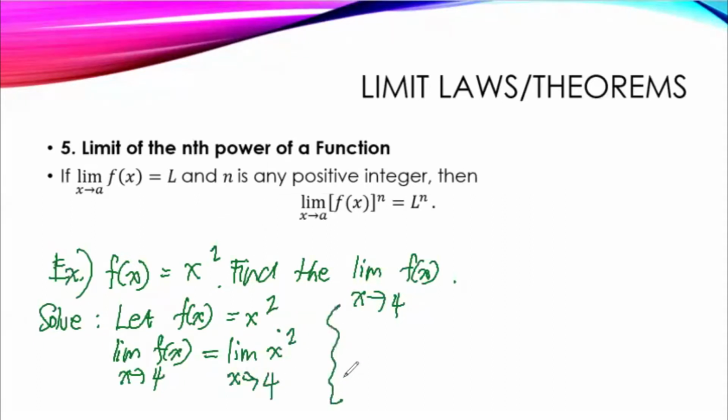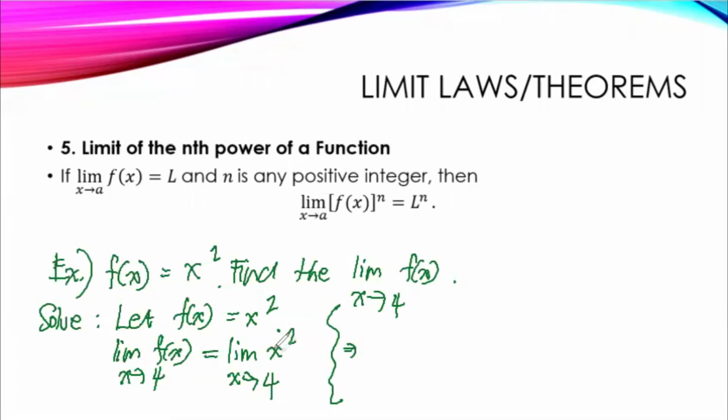Next, take note that we have only discussed the limit of the identity function, right? Since we have the exponent 2, this can be written using the identity function.